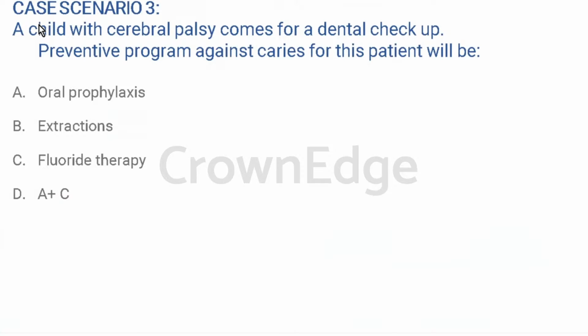The correct answer is option D. Extractions are not a part of your preventive program. Oral prophylaxis and fluoride therapy would be appropriate, or the most appropriate one would be just fluoride therapy. But since you already have oral prophylaxis as option A, I would go with a safer bet, which is option D.